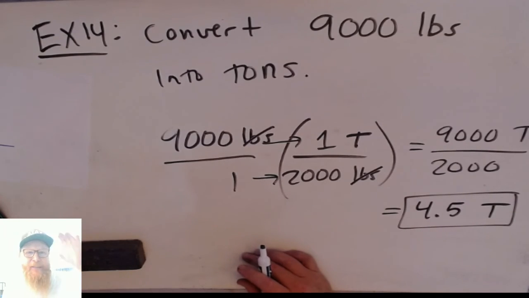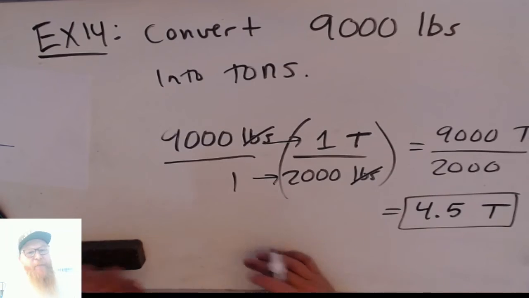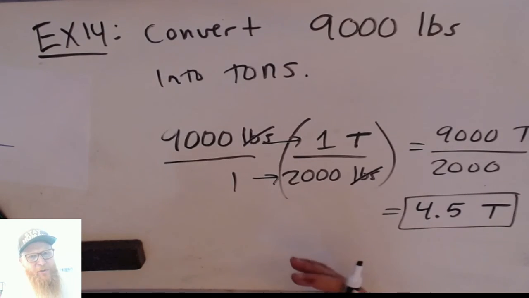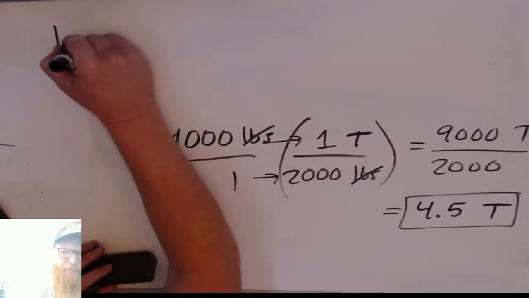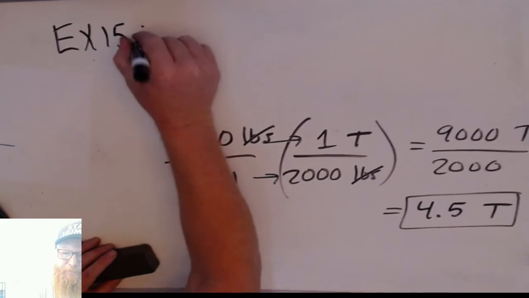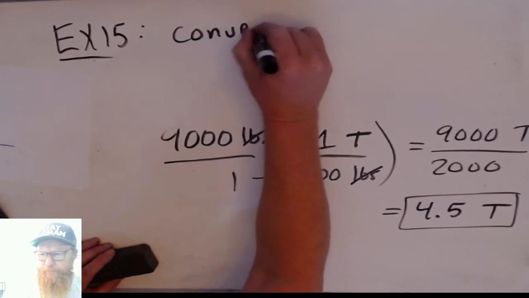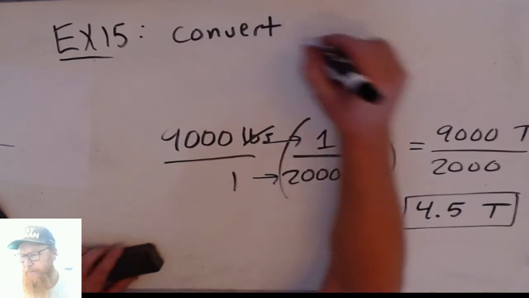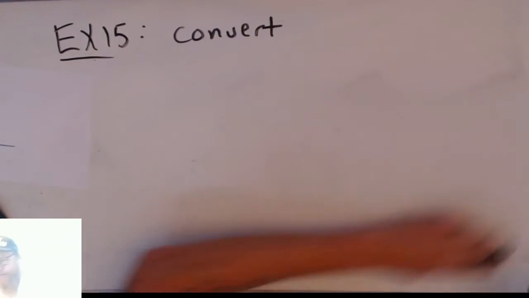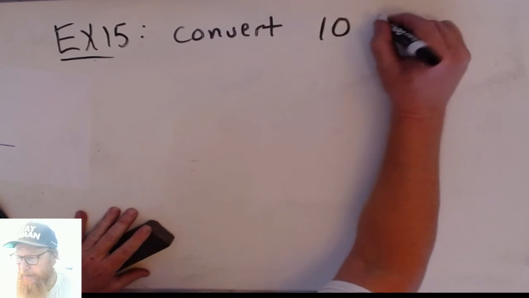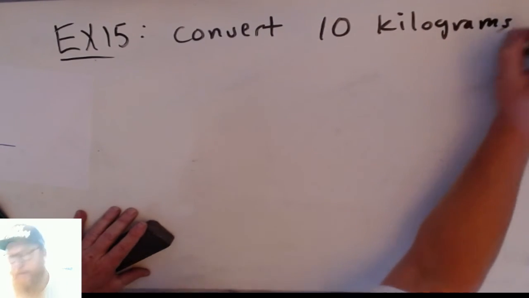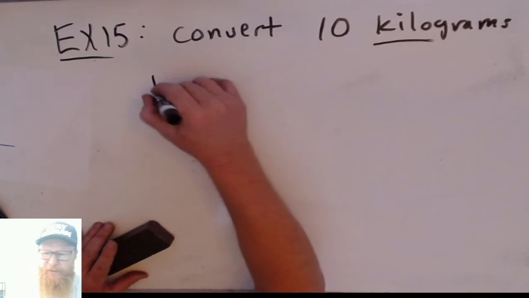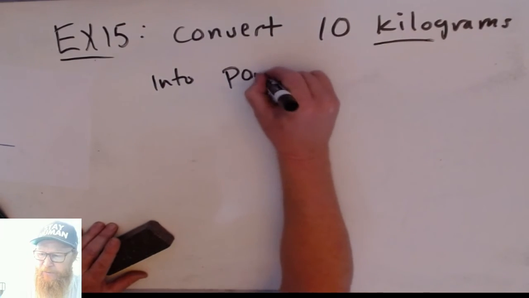In the metric system, they measure weight with kilos, kilograms. Convert 10 kilograms, also known as kilos, into pounds.